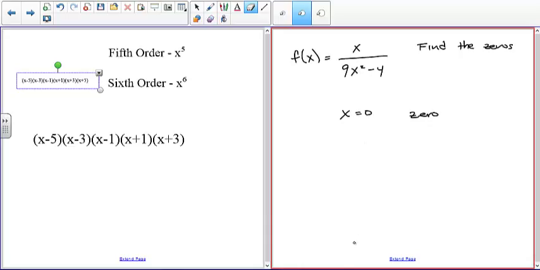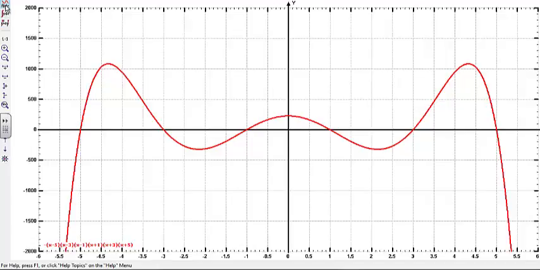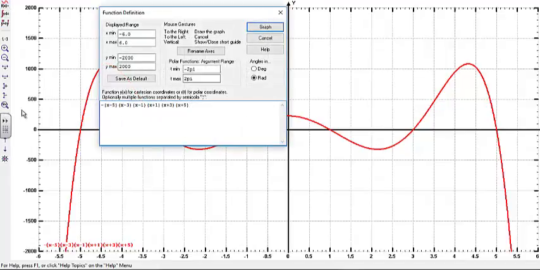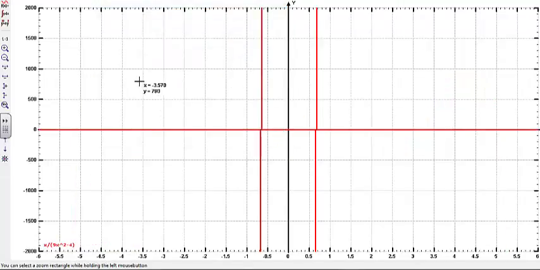So let's just plot this thing. So it's x over 9x squared minus 4. Okay, x divided by 9x squared minus 4. And I plot this thing, and here it is. And what I need to do is zoom in a little bit here.